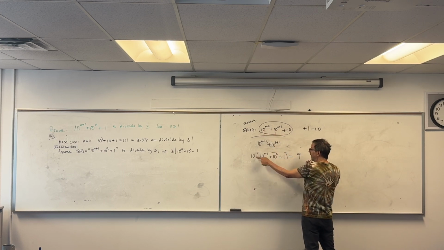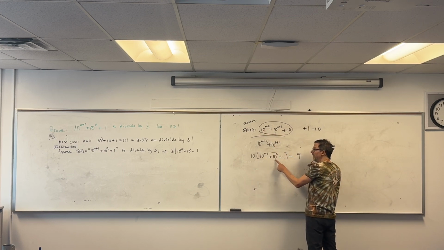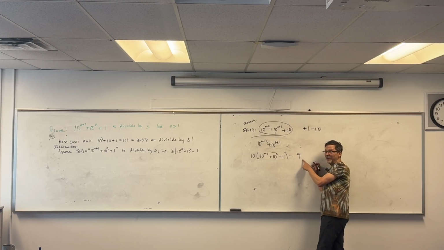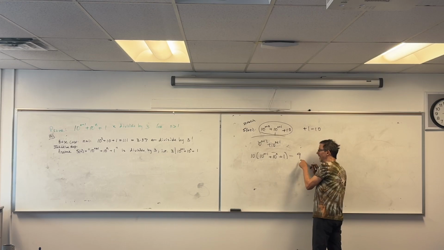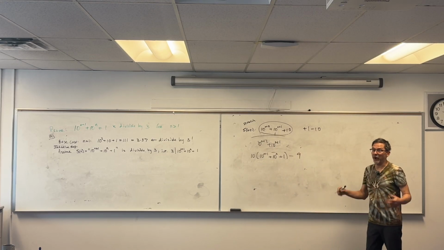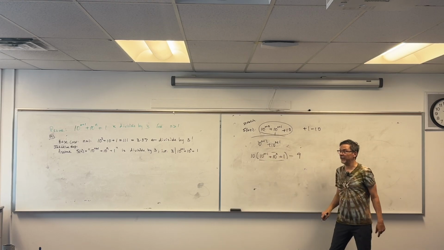Now I can factor the 10 out. This is a multiple of 3. This is a multiple of 3. Multiples of 3 combine with multiples of 3 to give you multiples of 3. Divisible by 3, divisible by 3. So this whole thing then is divisible by 3, but only because we know this is.